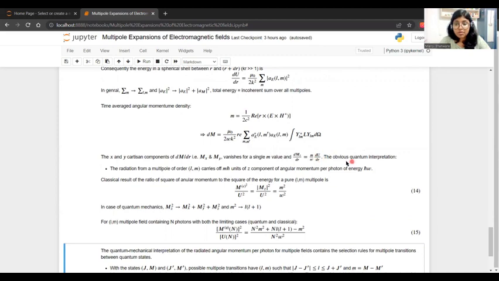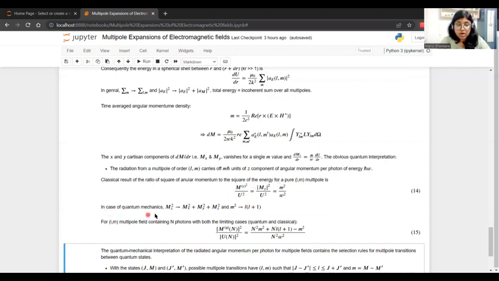From here we can do an obvious quantum interpretation, and that is the radiation from a multipole of order l, m carries m h-bar units of z component of angular momentum per photon of energy h-bar omega. The classical result of the ratio of the square of angular momentum to the square of the energy for a pure l, m multipole is given like this.